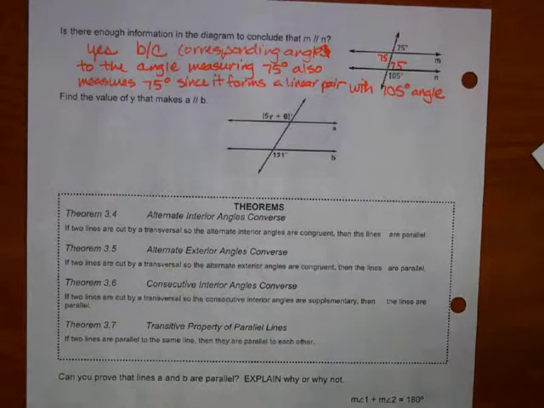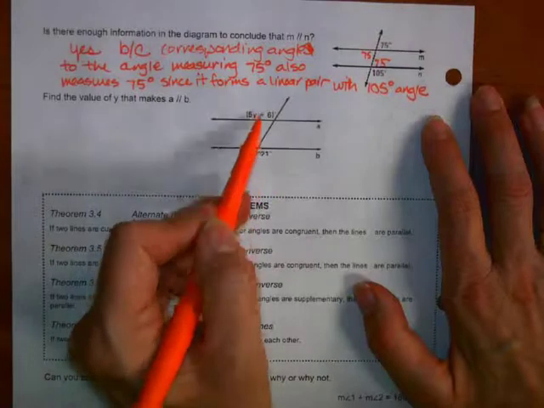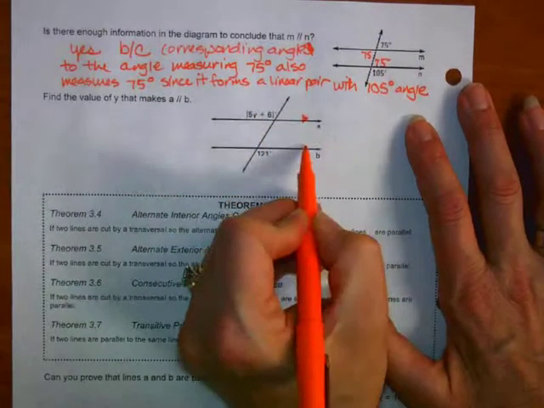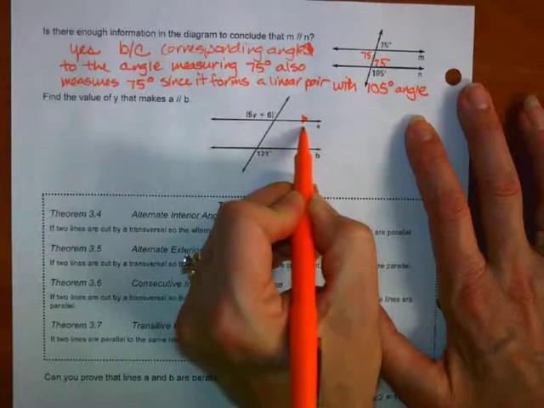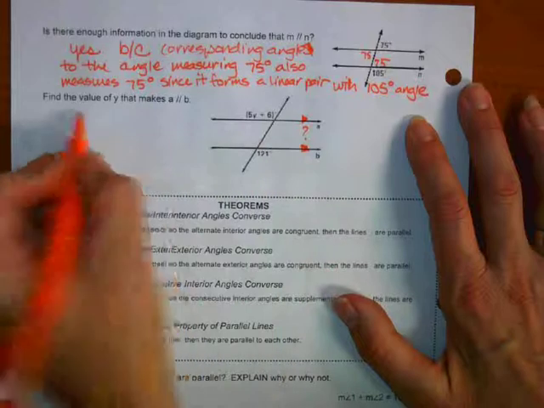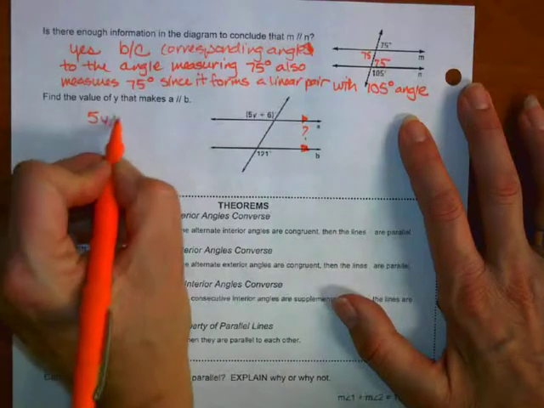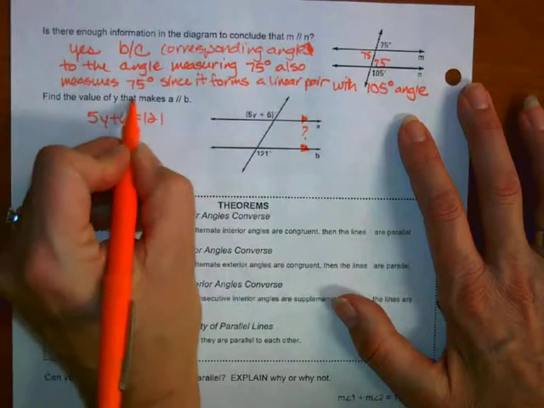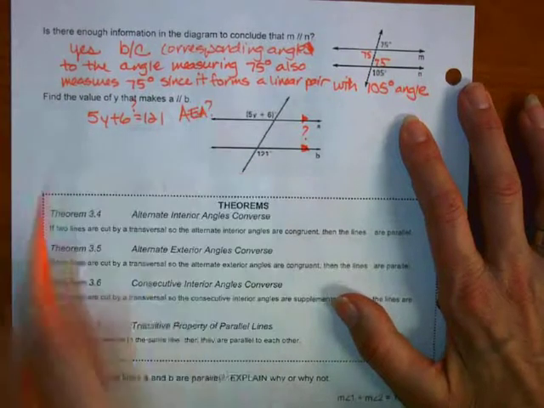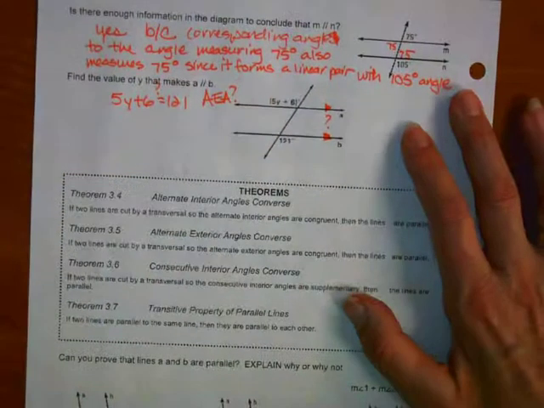Yeah. All right, the next one. Find the value of y that makes A and B parallel. Well, this shouldn't be too bad. What kind of angles are these? Yes, and if we're trying to find if A is parallel to B, these two have to be what? Congruent, right? So, I'm checking that because of the alternate exterior angle congruence, all right?